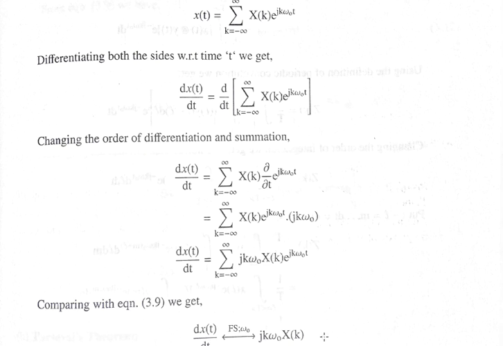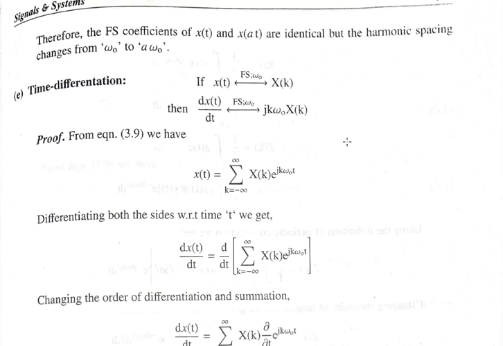Now, by comparing this equation with the synthesis equation, we can write it down. The representation of x of t is x of k e raised to j k omega naught t.